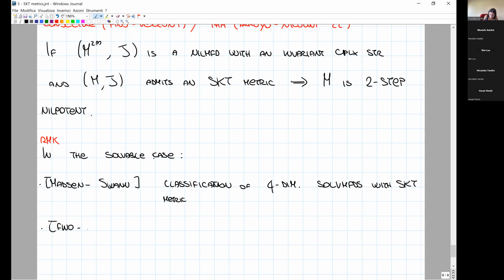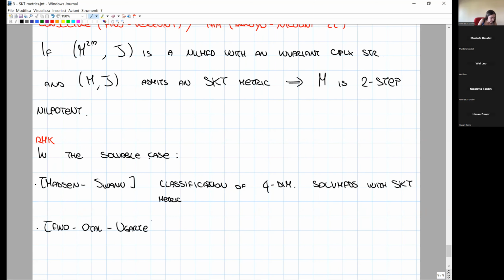Then Fino, Otal, Ugarte classified 6-dimensional solvmanifolds with J invariant and holomorphically trivial canonical bundle.